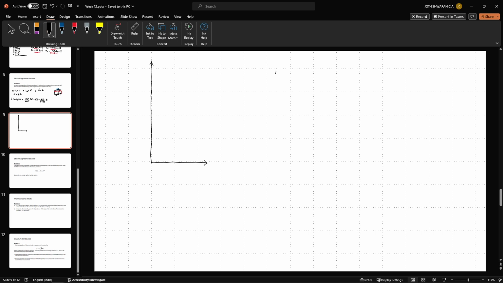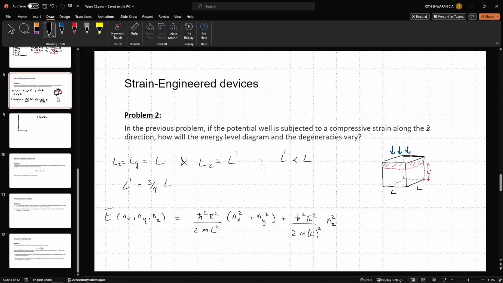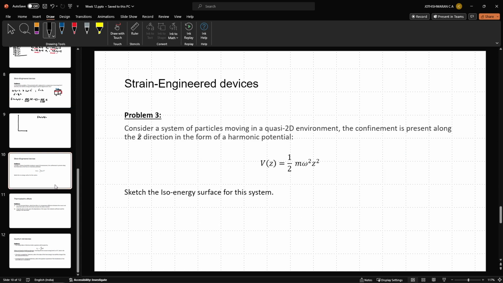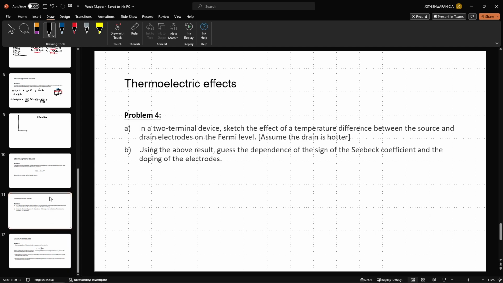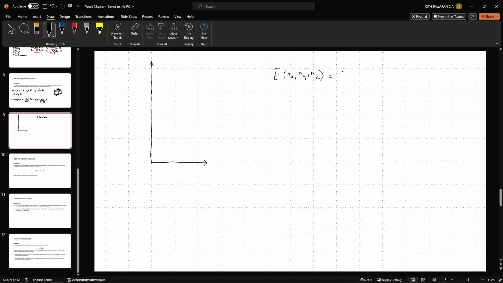So in that case, E of nx, ny, nz is now going to be... since that is the case, then L dash squared is going to have a factor of 9 by 16 here. So that will become 16 by 9, which is important. So I'm going to write that like this.